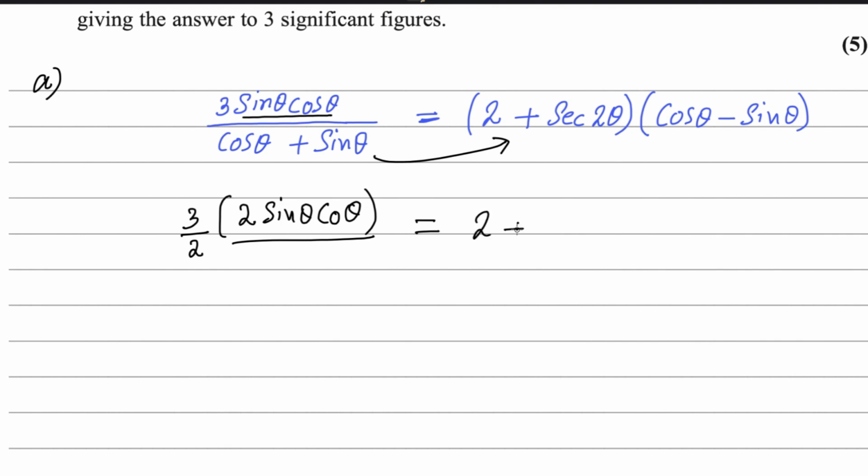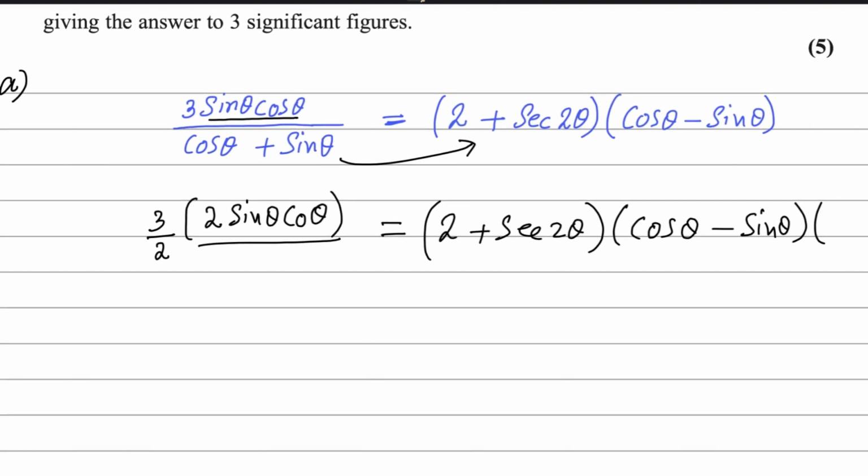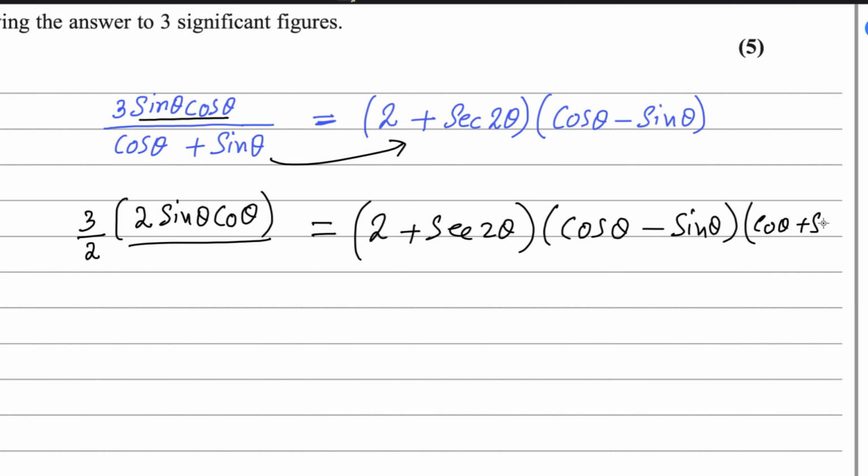So 2 plus secant 2 theta is already given in double angle, so I will not touch this one, and we will solve the other values here. Now if you multiply this one here, it will be cosine theta plus sine theta, and now this becomes the formula for sine 2 theta, and here is 3 by 2 sine 2 theta.